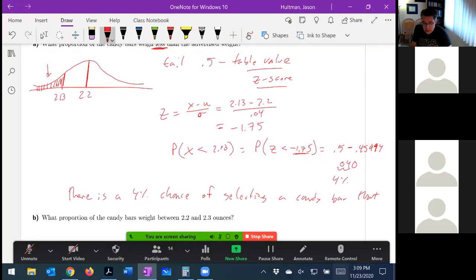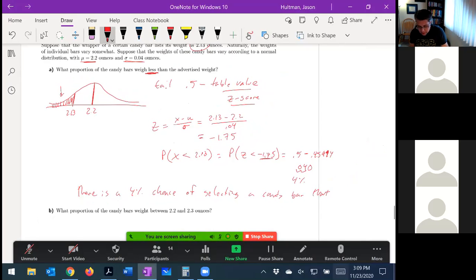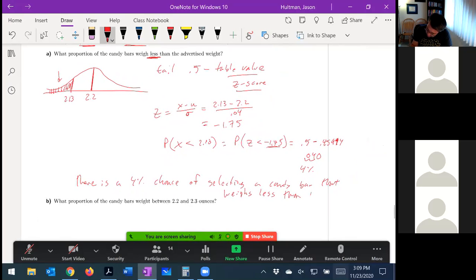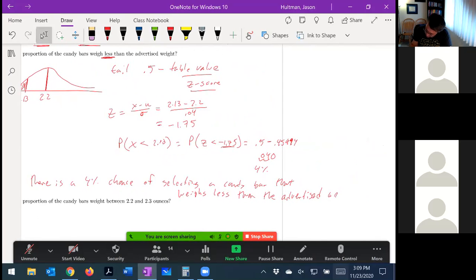What are we testing here? A candy bar that weighs less than the advertised weight. Okay, boom, now you're done.